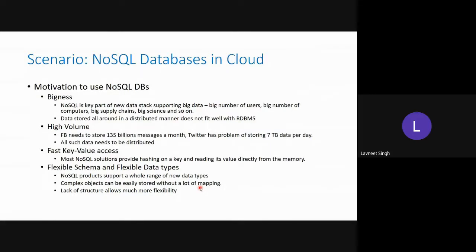So much so that there are frameworks for you to do that, like Object Mapper or Entity Framework. They do this translation or mapping from an object to a table and vice versa. So lack of structure allows more flexibility. The lack of structure, which we are saying about the flexible schema, right?